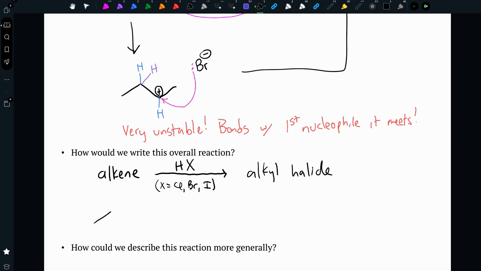The way we would write this specific reaction above would be to write my reactant on the left, have my reagent over the arrow, and then my product on the right.